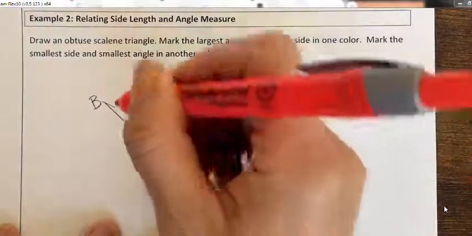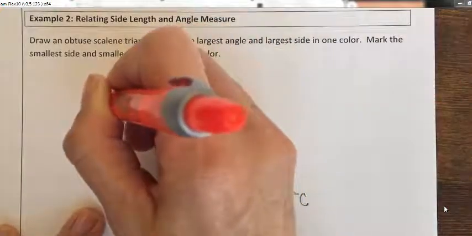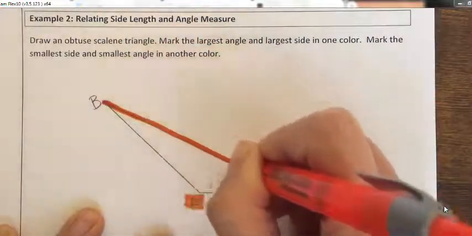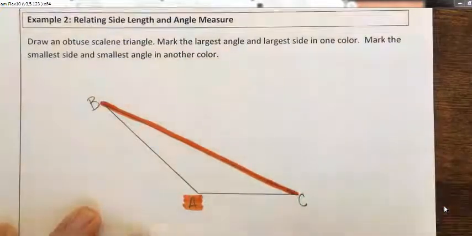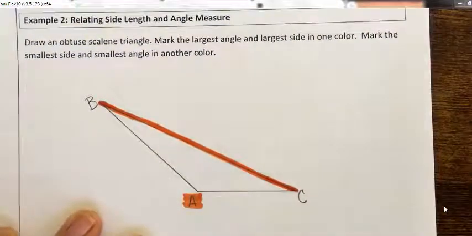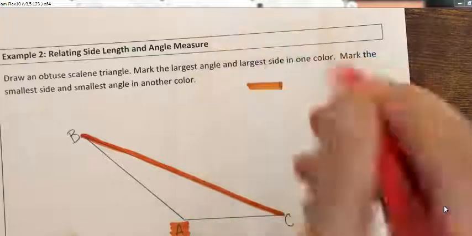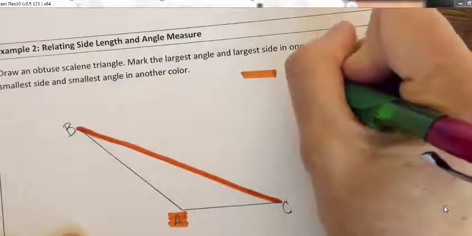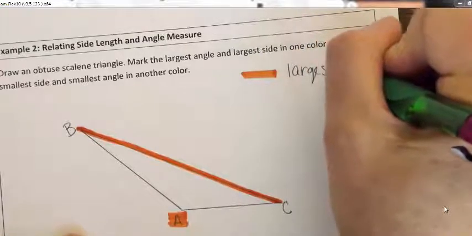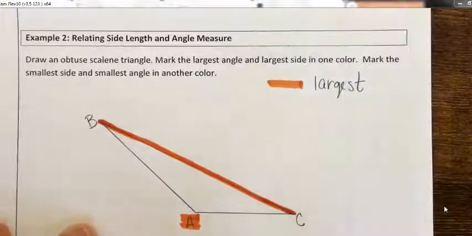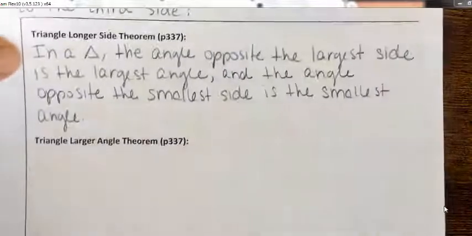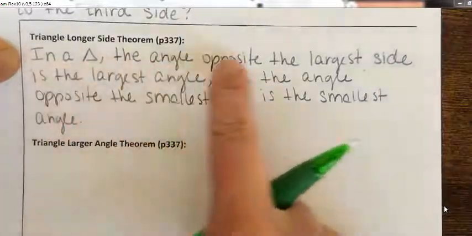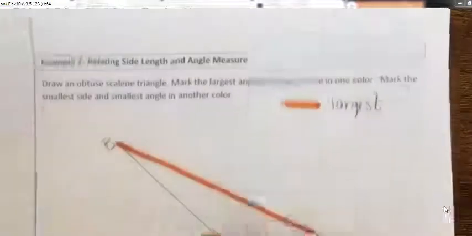All right, so then my longest side, or my largest side, is over here. It's BC. Maybe I'll make a key. So I'm going to go orange. These are the largest. And that's basically what this triangle longer side theorem said. The angle opposite the largest side is the largest angle. Makes total sense.